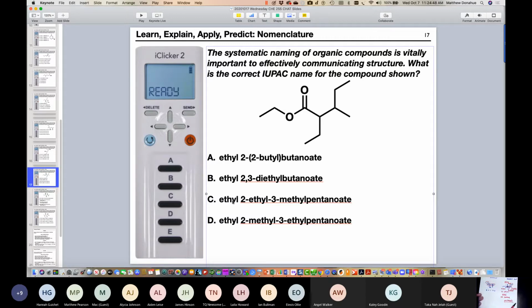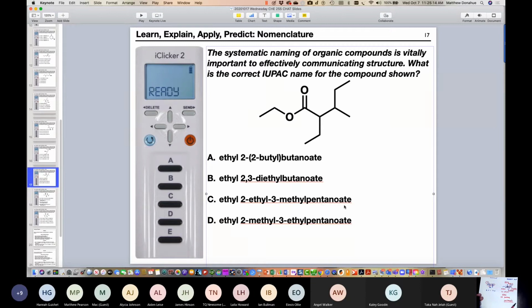So let me point out where these things are. We've named first 1, 2 carbons, ethane, it's a substituent, so it's ethyl. Then we figured out the longest carbon chain here that has this oxidation state in it. So 1, 2, 3, 4, 5, pentane.